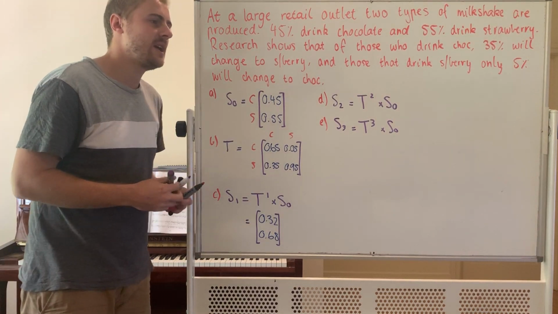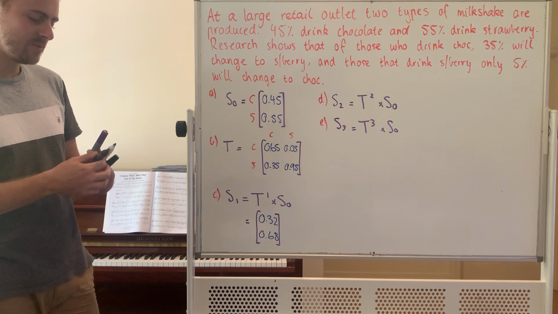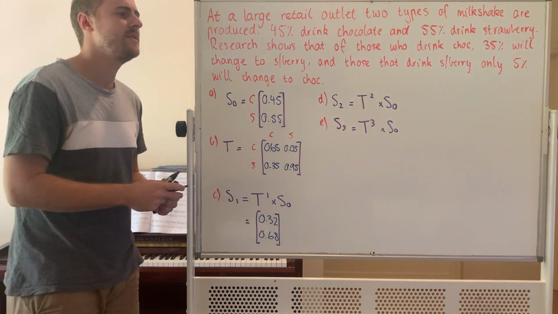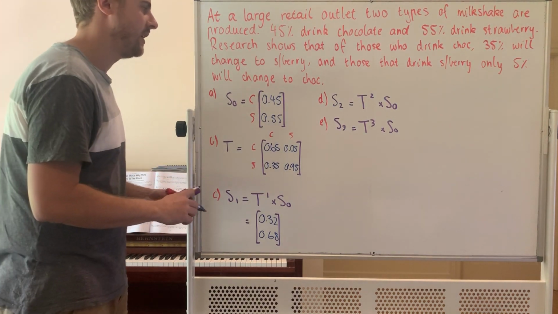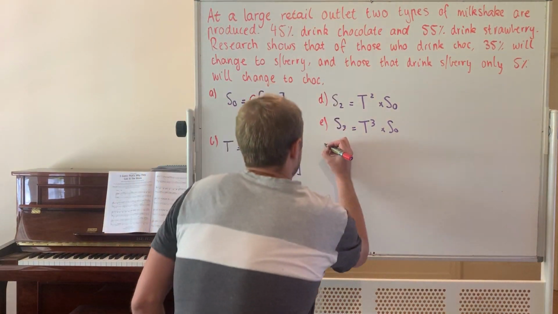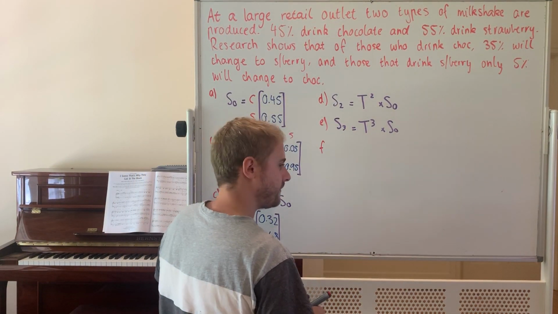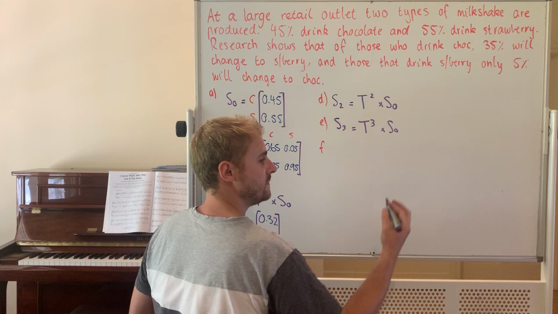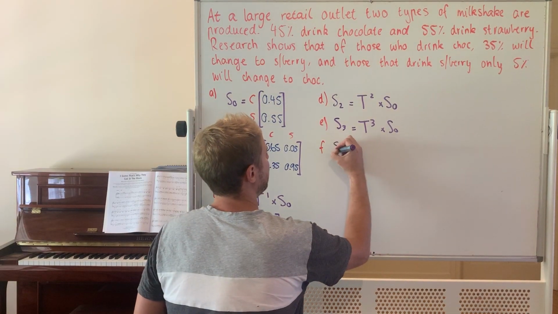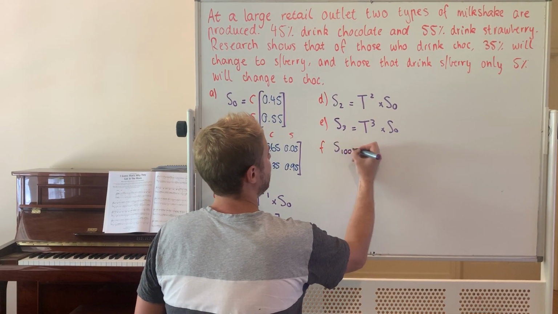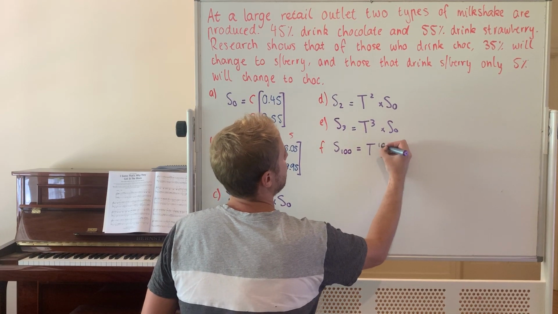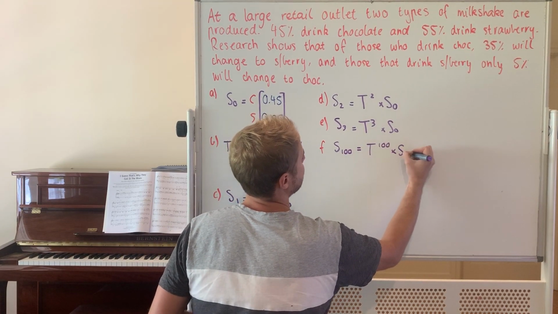Now, F and G have much larger numbers. So what proportion of people will drink each type of milkshake at the end of 100 months and then at the end of 101 months? Let's start with F. So the way we write that is T to the power of 100 times the initial state.